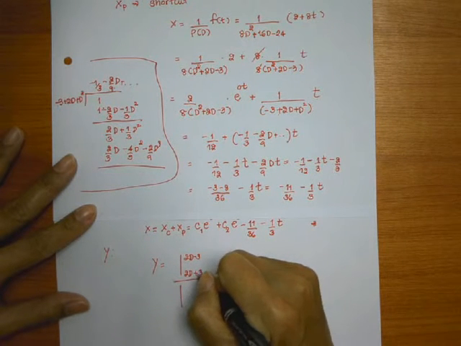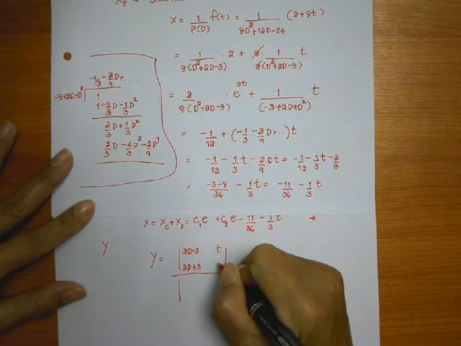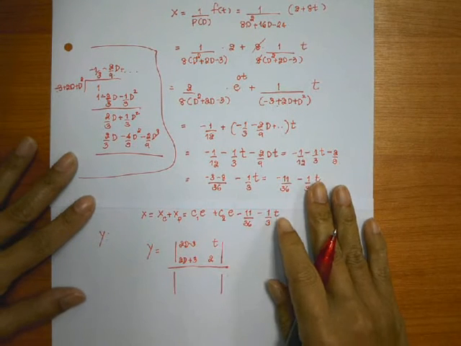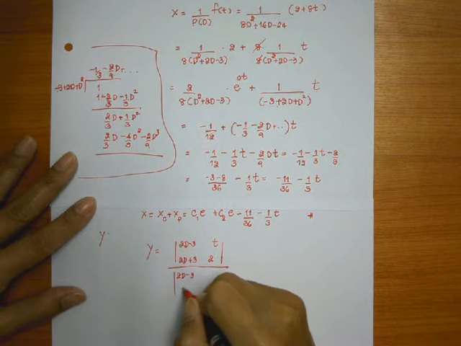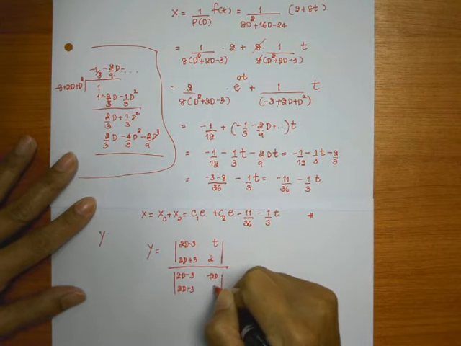And for the coefficient of y, you just replace it with the numbers on the right side of your differential equation. For the dividing term, it's just the same as x, right? So actually you write down and then you just copy whatever you did from x here.